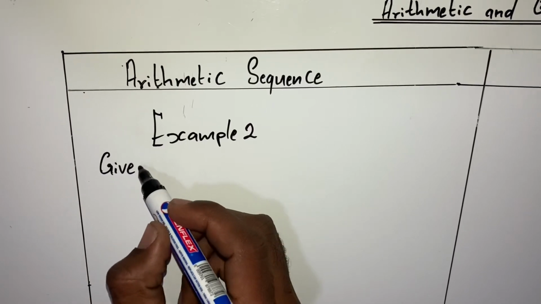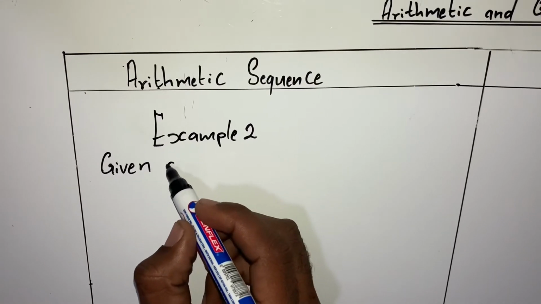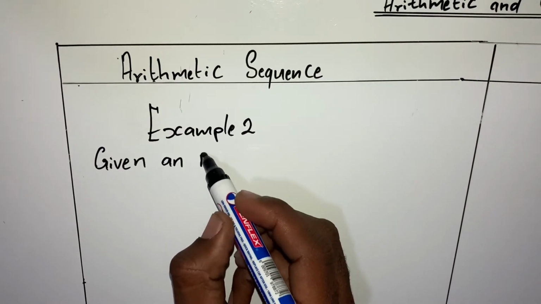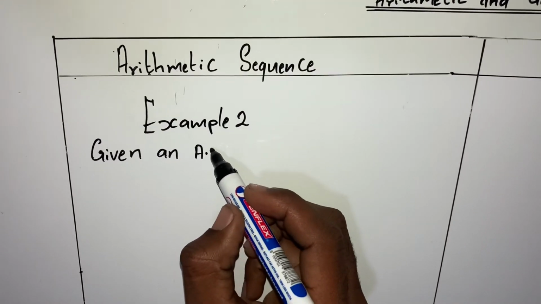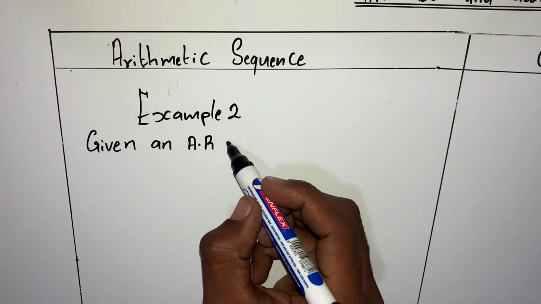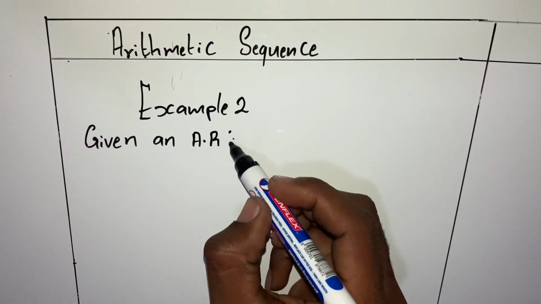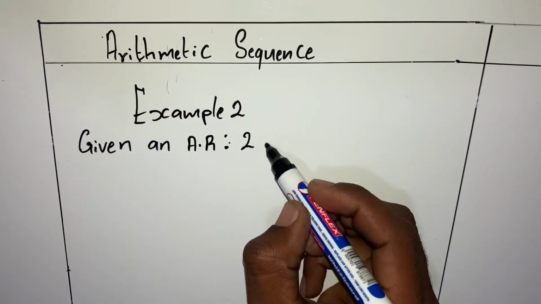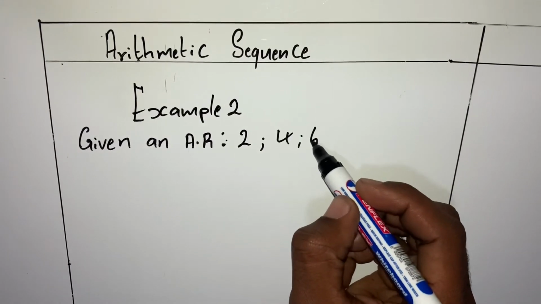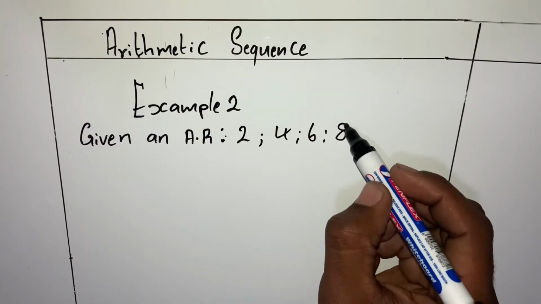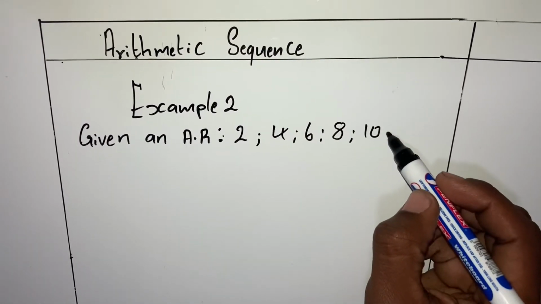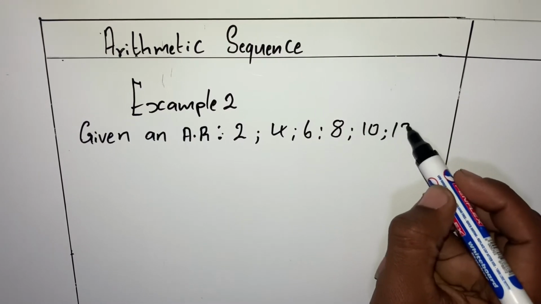Given an arithmetic sequence 2, 4, 6, 8, 10, let's take it to 12.